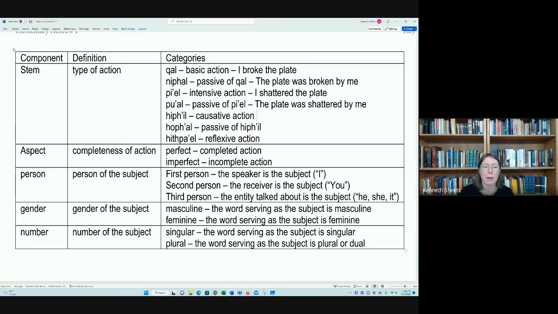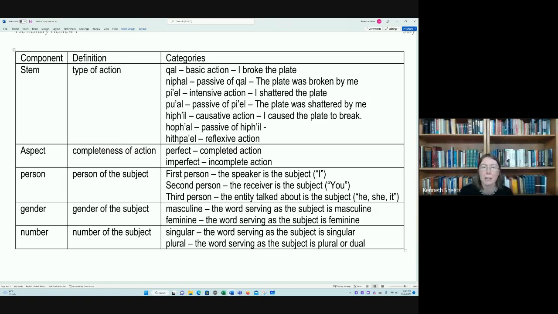Then, too, we also have the hifil, which is going to be causative action. So causation. So I caused the plate to break, I could say. And thus I have that same idea of breakage there, but now we've also gotten the idea of causation to enter into it as well.